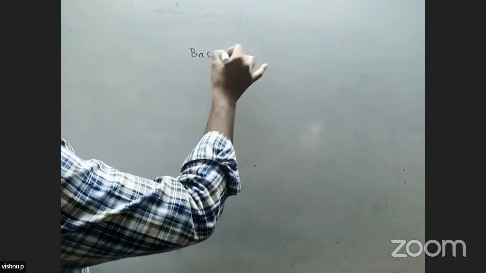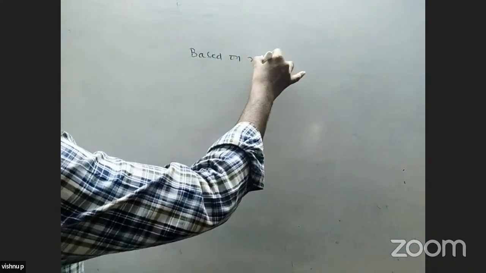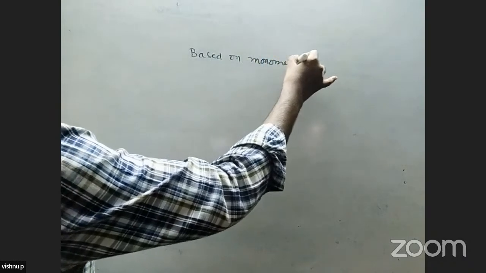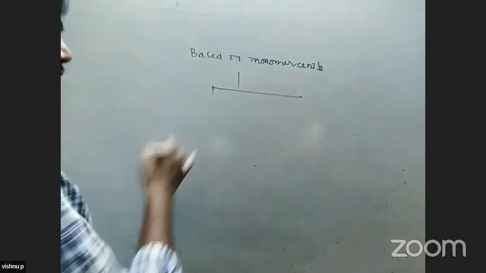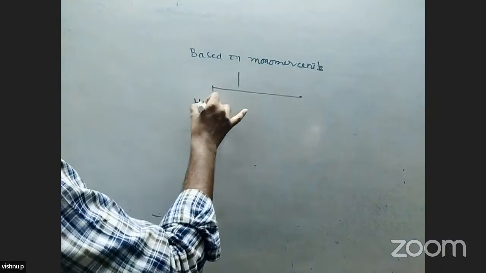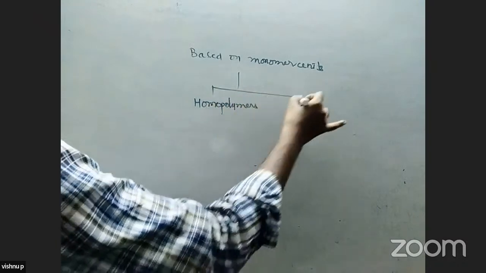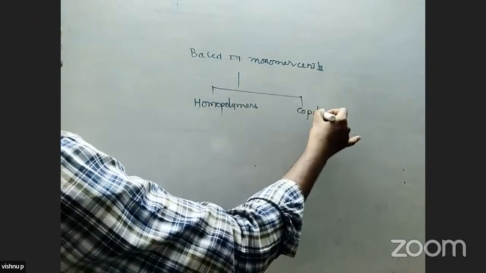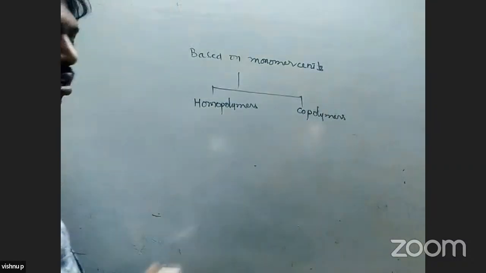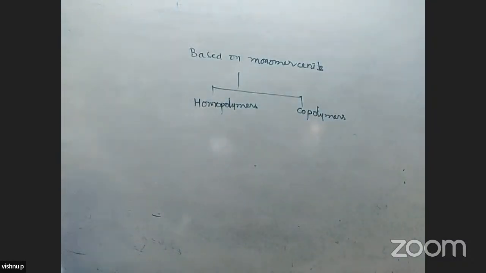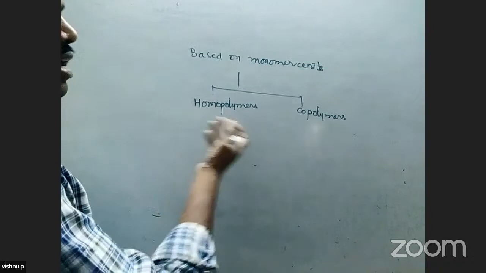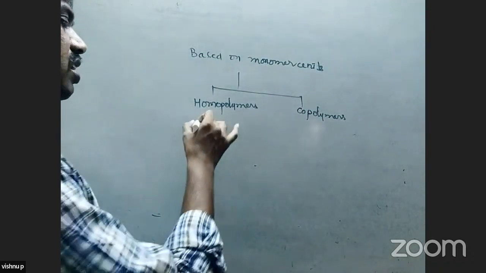Next, based on monomer units, polymers are divided into 2 types: homopolymers and copolymers. In homopolymers, the same type of monomer units are present.